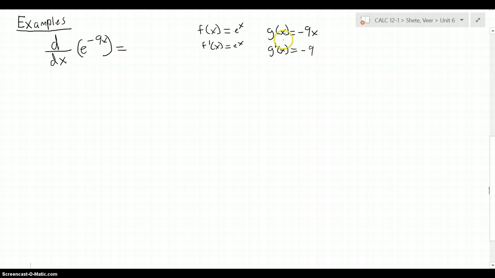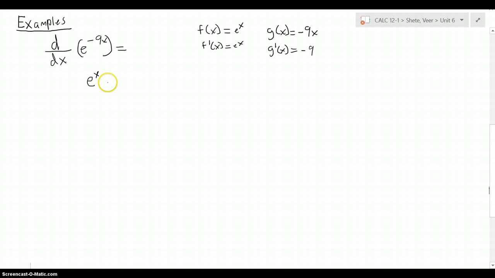So now what we have to do in this scenario is apply the chain rule. According to the chain rule, we take our derivative of f of x, which will give us e to the x.